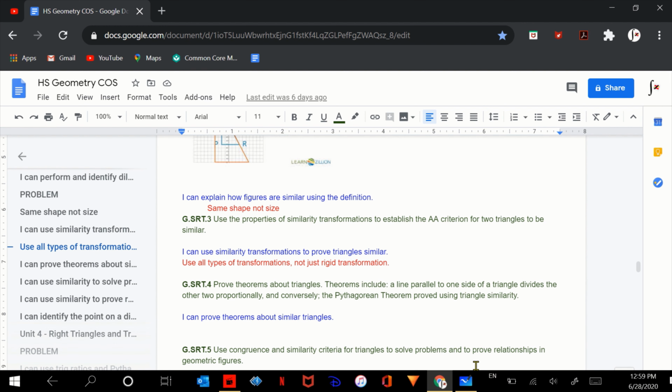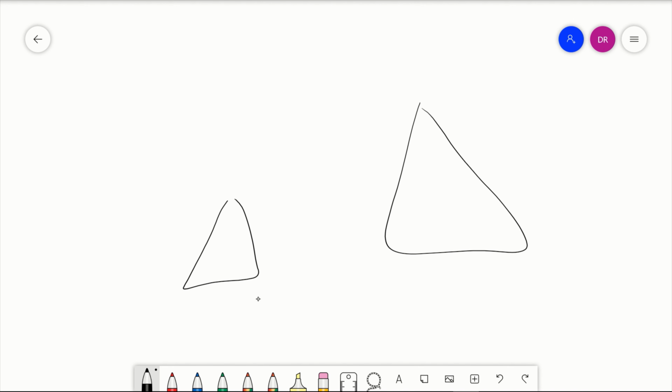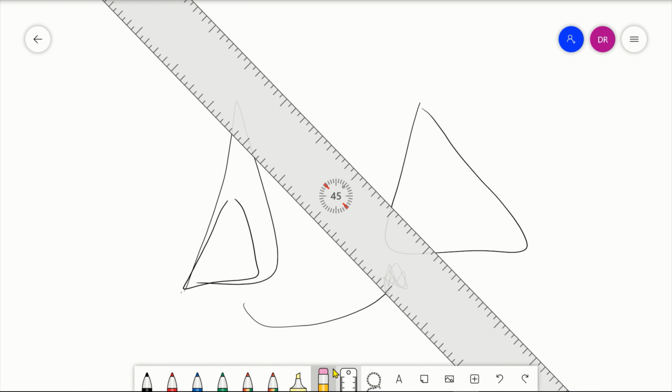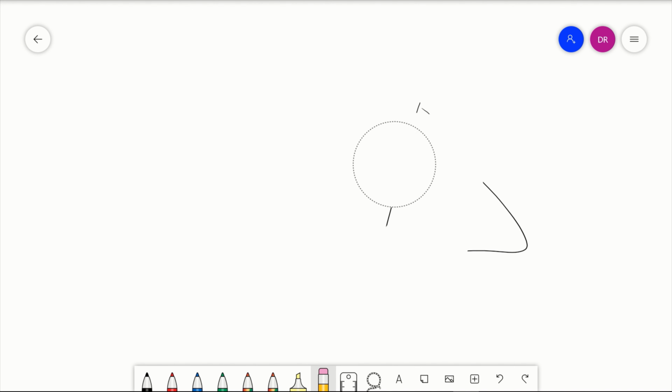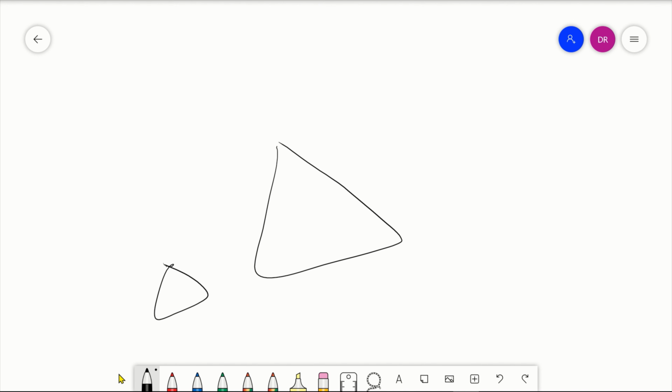So let's open this up. Let me quickly get my pen. Okay, so let's say you had that random shape and this random shape. As long as you can dilate this triangle to get this triangle, so let's say you translated it, and then as long as you can dilate it to map it onto that other shape, then they're similar.